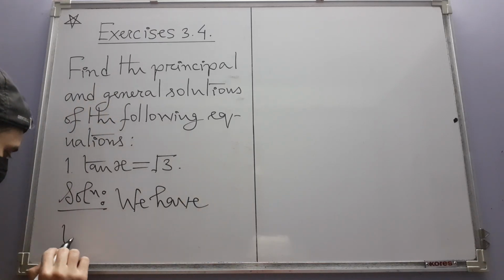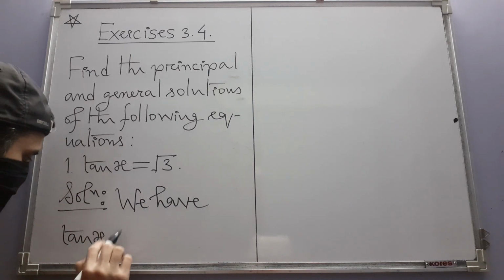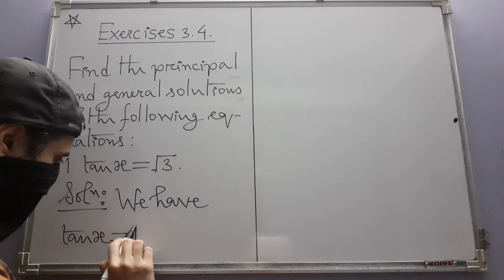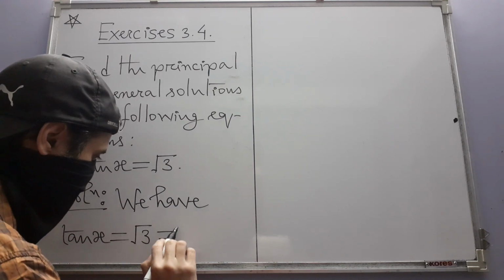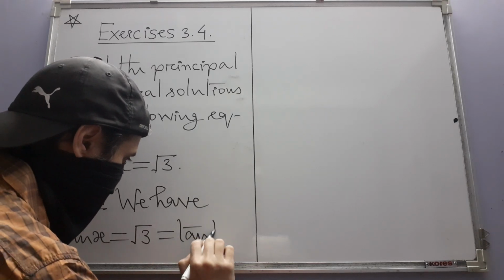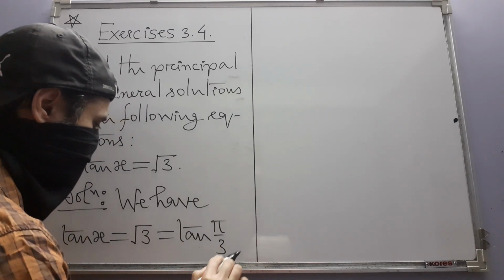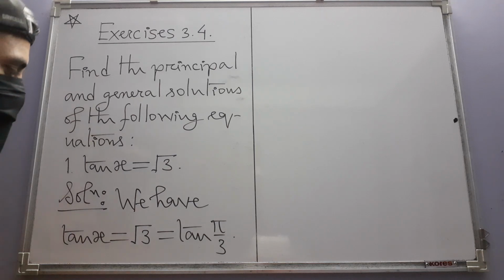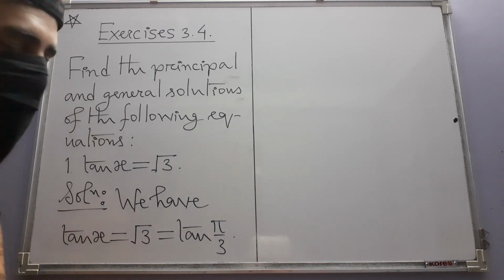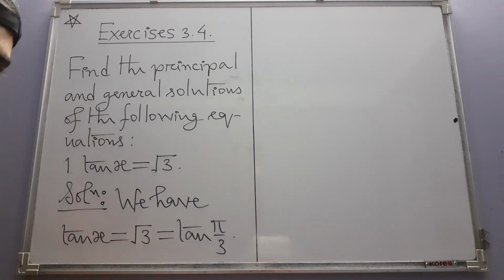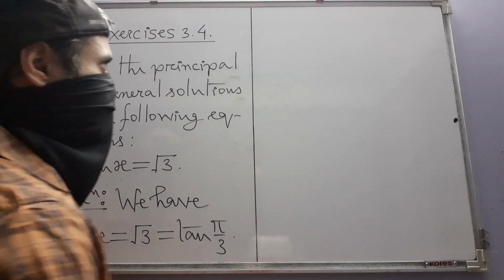We have tan x equals root 3, which is also tan pi over 3 radians, or in degrees it's 60 degrees. So from this you can directly write the general solution.